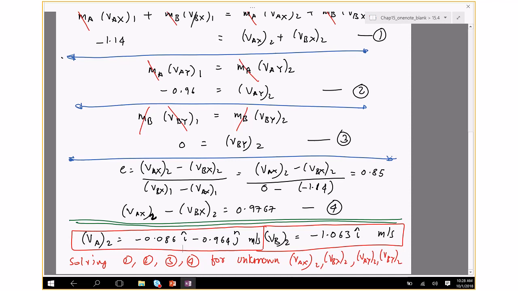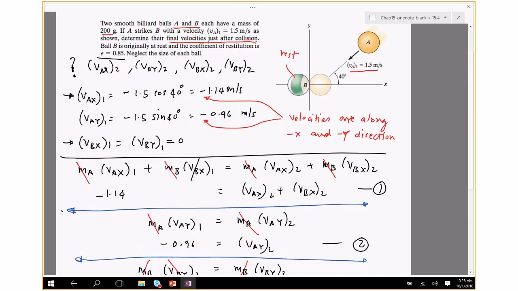Okay, so what I want you to note is that A hits B, and B has a velocity in the negative x direction. If you've played billiards, I think you can relate to this. If A hits B and B is at rest, then B is going to go in that direction. That sort of agrees with our experience playing billiards.